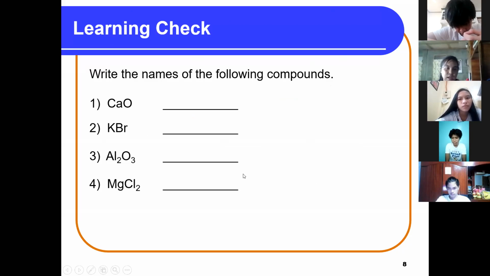Calcium oxide. Very good, that is correct. How about KBr? K is potassium, Br is bromine. Potassium bromide.